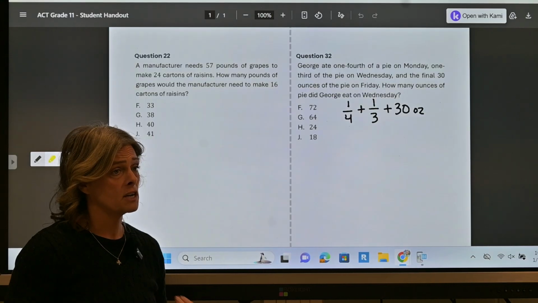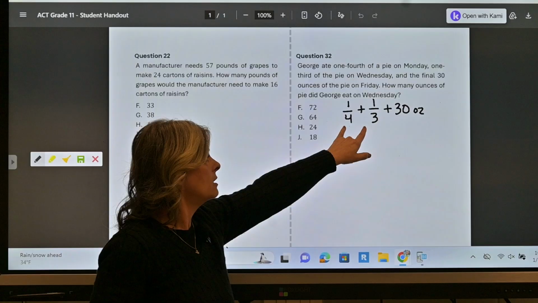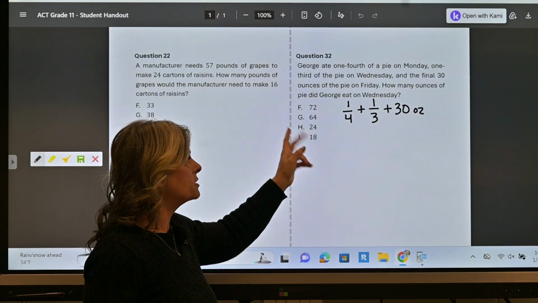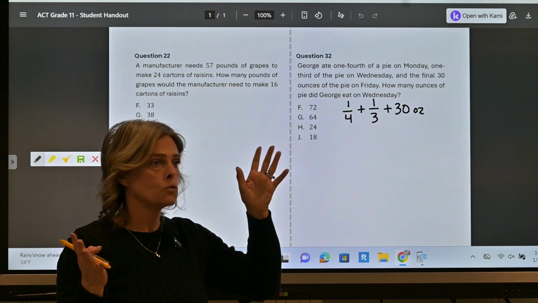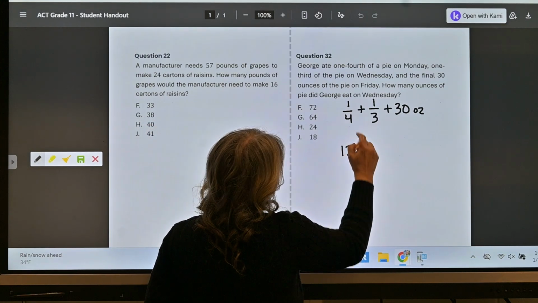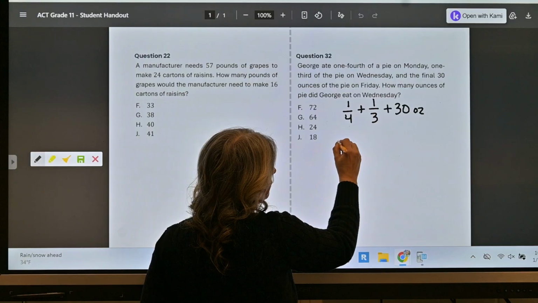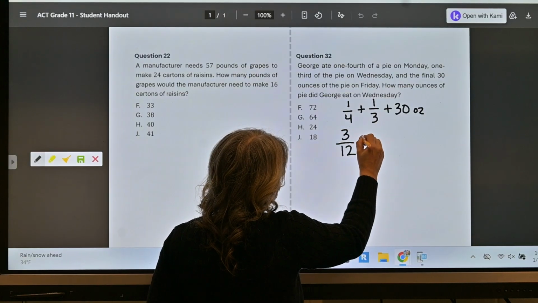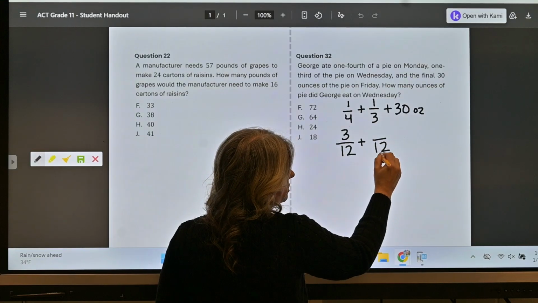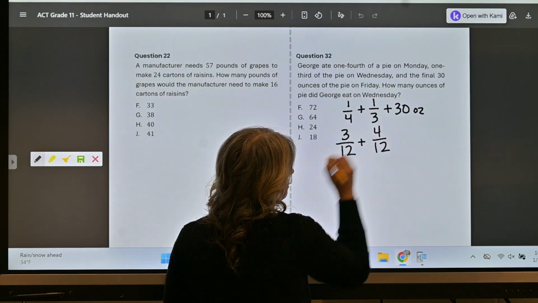Well, the very first step of this, you guys, is we have to get a common denominator. We can't have different numbers there. So what does 4 and 3 both go into? 12, yeah. So I'm gonna do 12. So 4 goes into 12 3 times, plus 12 again. 3 goes into 12 4 times.